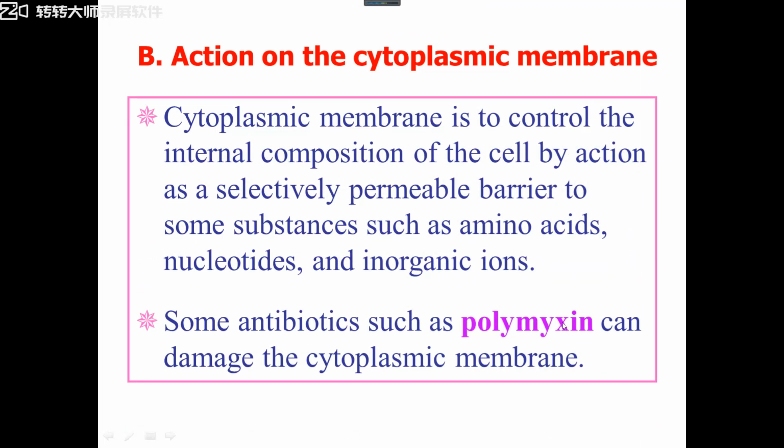The cytoplasmic membrane controls the internal composition of the cell by acting as a selectively permeable barrier to some substances, such as amino acids, nucleotides, and inorganic ions. For example, some antibiotics, such as polymyxin, can damage the cytoplasmic membrane.